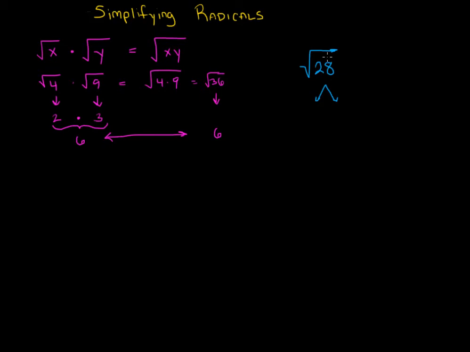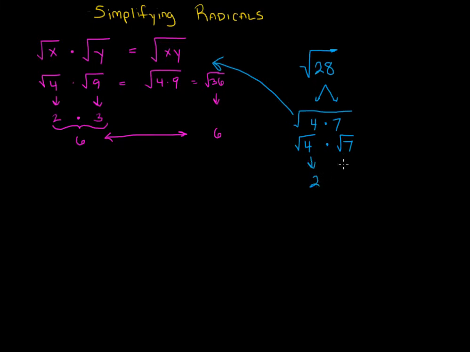So a perfect square that goes into 28, well, the first one I'm thinking of is 4. So the square root of 4 times 7. Notice how I broke that up: I just broke 28 up into 4 times 7, which is 28. Well, knowing what we know about this property, we can break that apart into the square root of 4 times the square root of 7. Don't we know what the square root of 4 is? Yeah, it's 2.